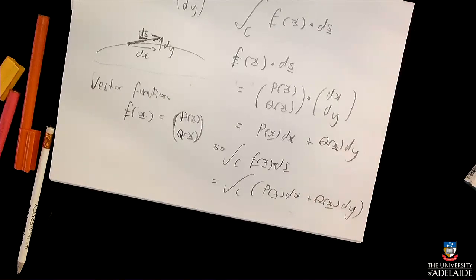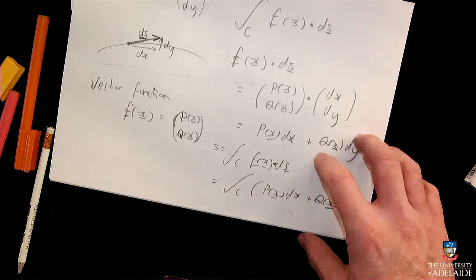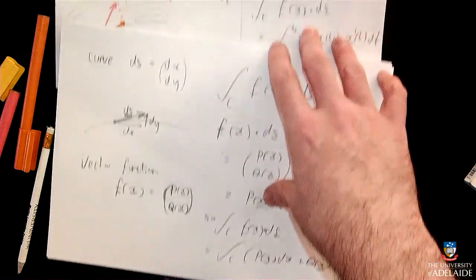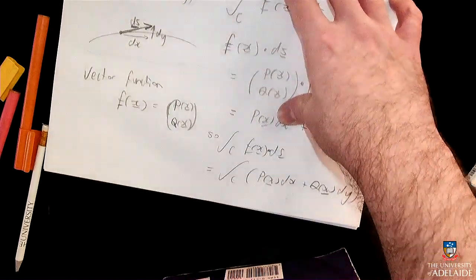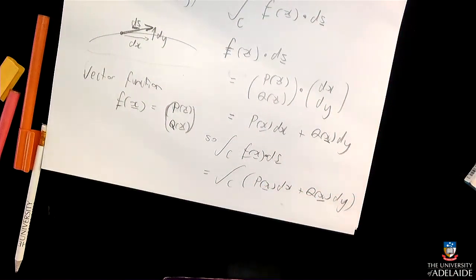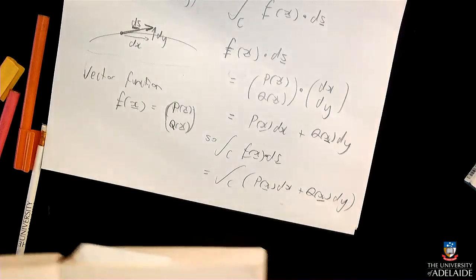And so when you see Green's theorem, half of Green's theorem is an integral across a region. Half of Green's theorem is an integral around a curve of a vector function. But we've sort of skipped all the vector bit to write it in this format because this was before people thought about it as a vector function, when Green's theorem was invented. Okay.